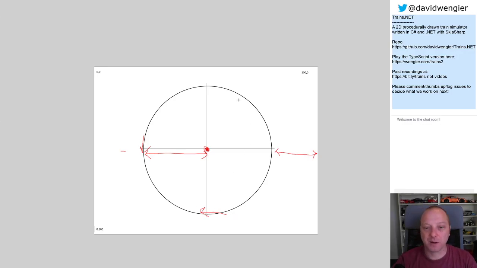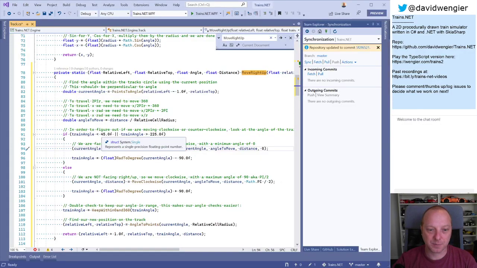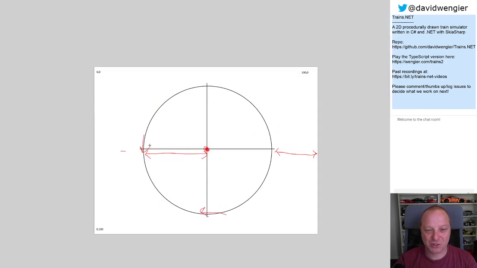Because if you can imagine us coming in this circle, here's our 0, so we're actually over here, so we're coming in this way. So I believe we're at 180. Now hang on, maybe I'm wrong about that. 180, so that is coming in at 90. It could be 0, it could be 180, actually.